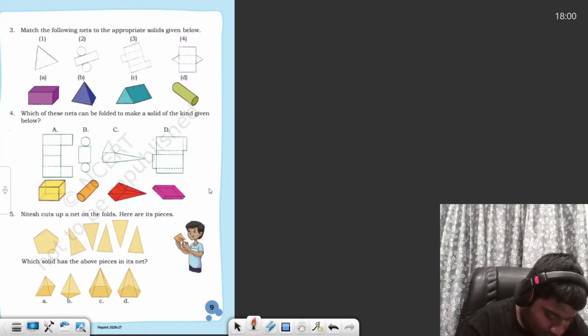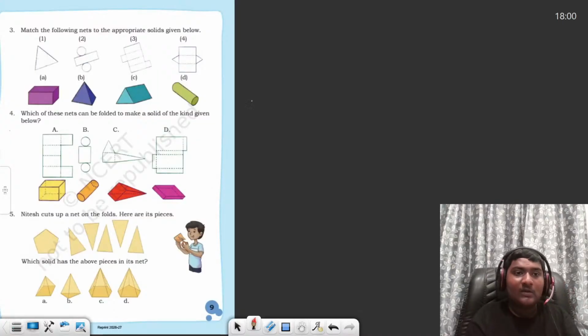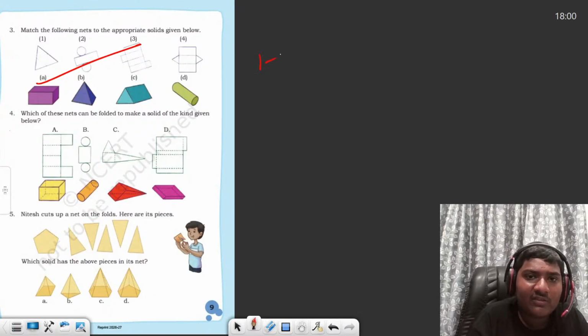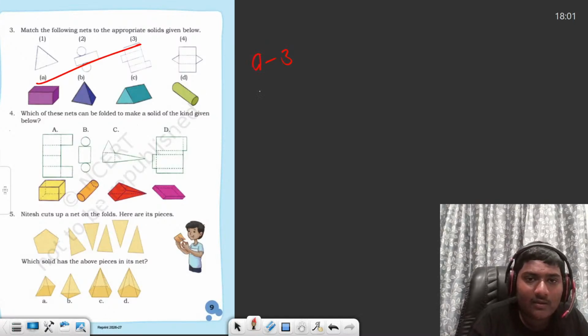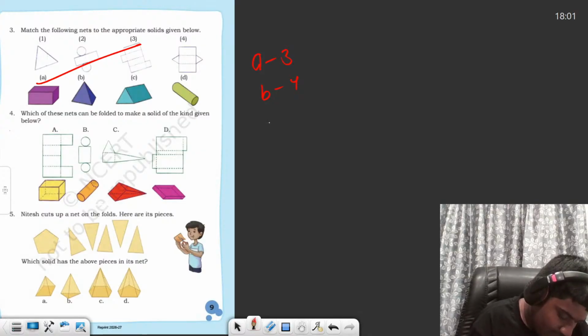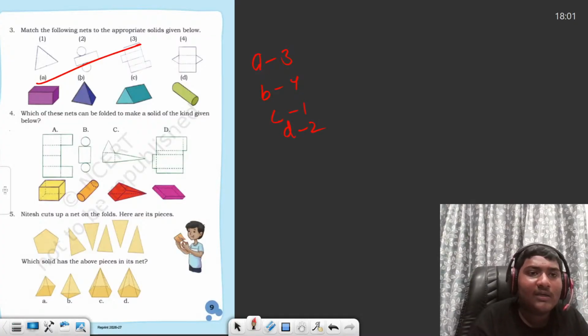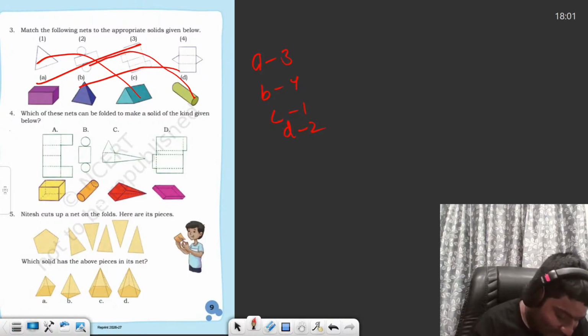So the first one will be A3, B4, C1, D2. So A is equal to A3, B4, C1, D2. Sorry.